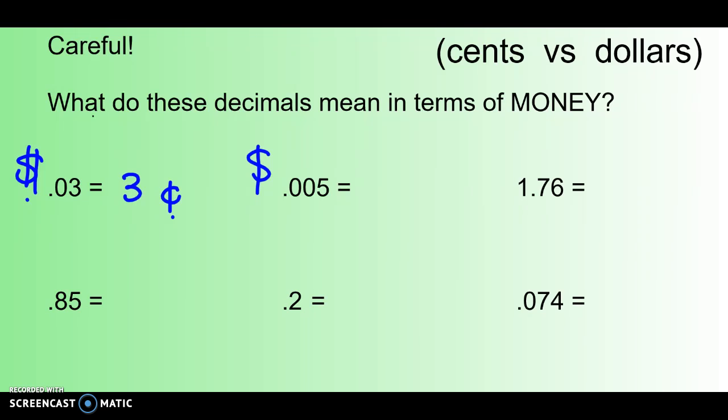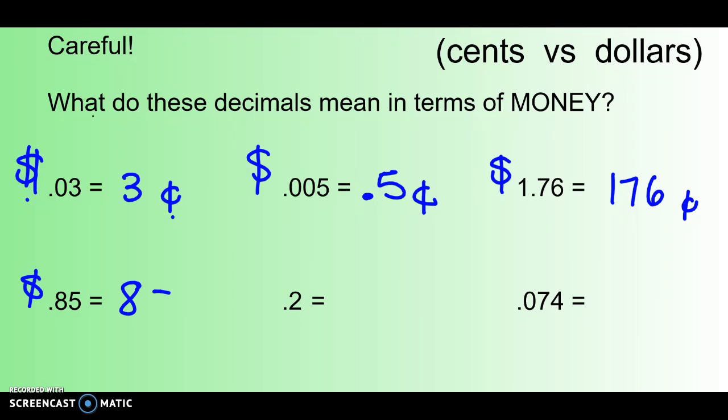Well, in money, that would actually mean 0.5 cents, half of a cent, right? Or $1.76. I could also say, nobody probably would, but that's 176 cents. Or 85 cents. I could write it like this. Just have to keep them straight and use the right label.